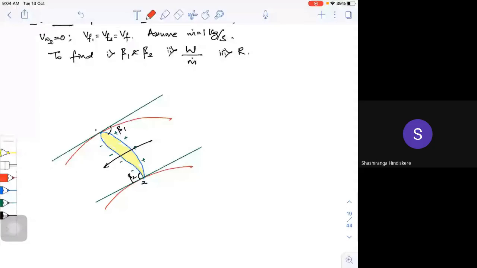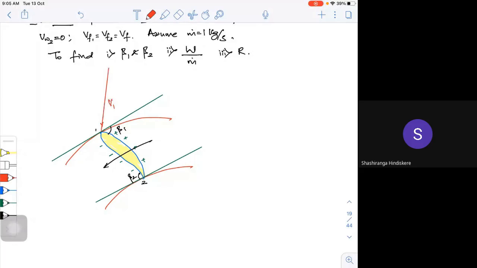Otherwise, we draw an approximate velocity triangle, and I will show you how to draw it and use trigonometric principles to solve it. So V1 is the velocity with which the fluid enters. Let's try to draw it in this direction. So this is my V1.